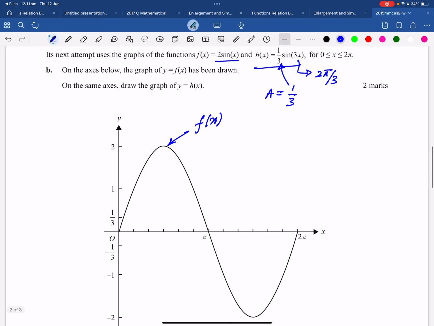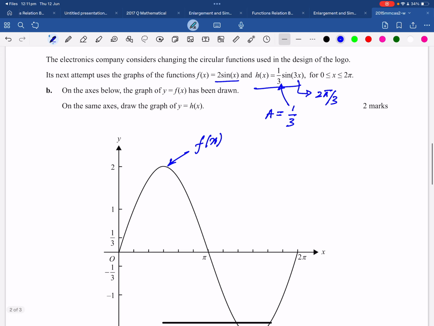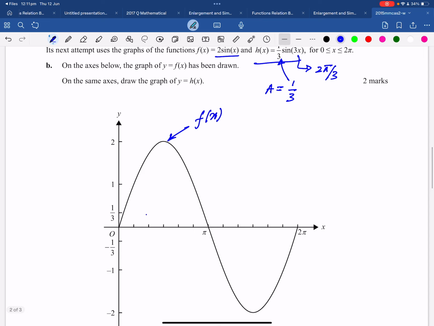Now it should look like this if we plot that, and that continues to the other side as well.